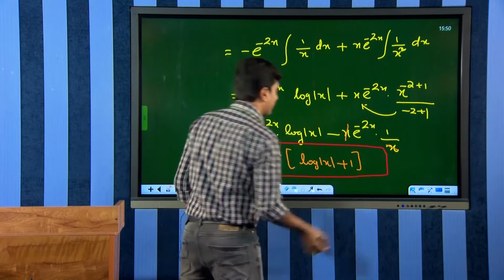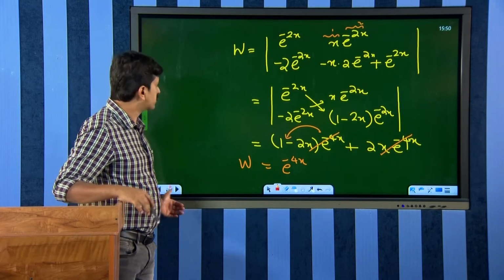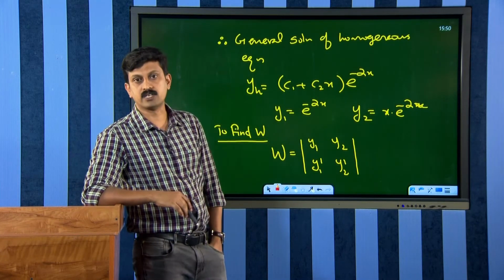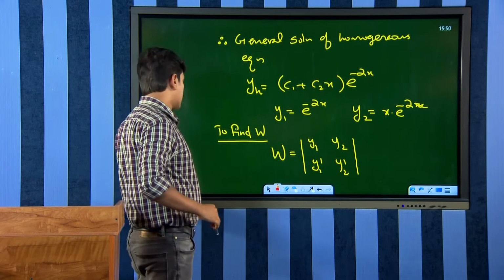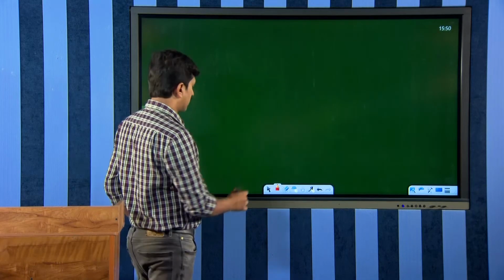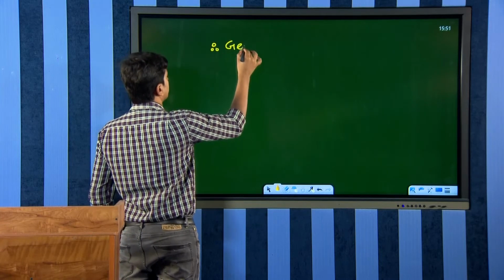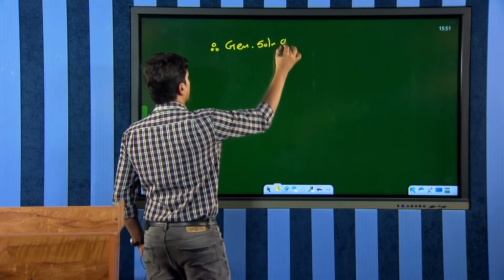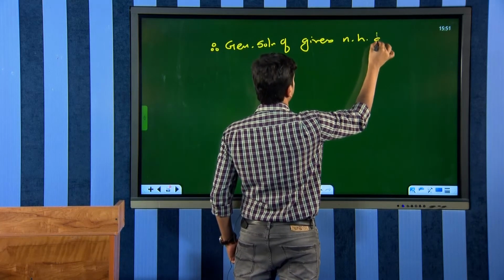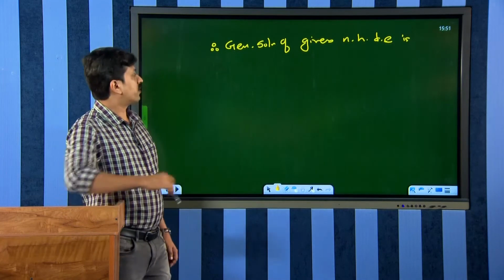Now, we found yp, and also we already found yh, which is c1 plus c2 x e raised to minus 2x. So therefore, the general solution of the given non-homogeneous differential equation is y is equal to yh plus yp.